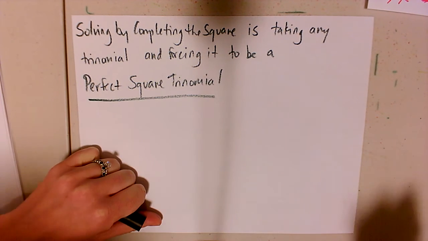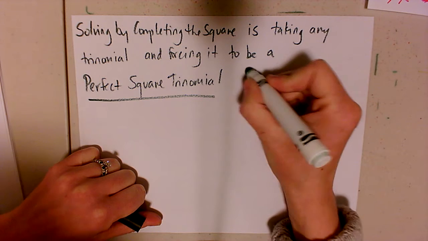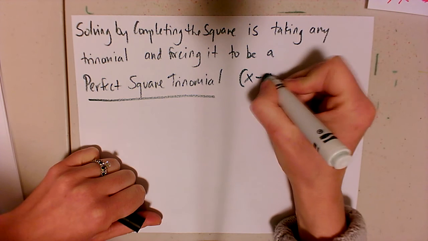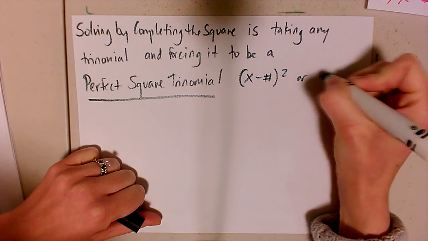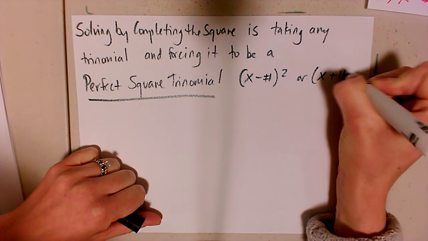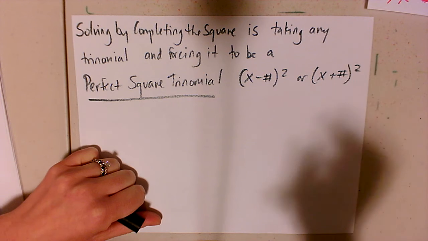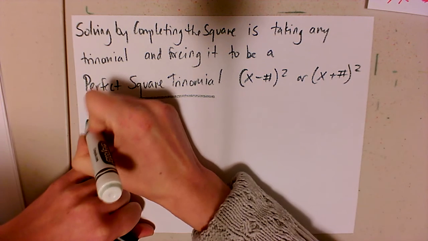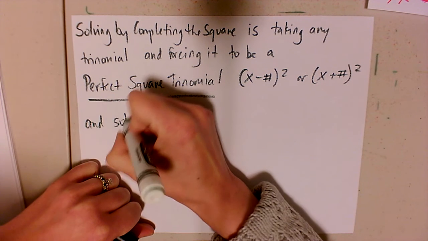Right? You're forcing it to look like that, and a perfect square trinomial is some kind of, you could have x minus a number, the whole thing squared, or x plus a number, the whole thing squared. So we're forcing it to look like that and solving it.